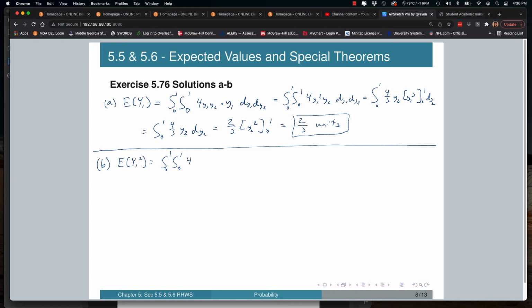When I do that, it should become 4y sub 1 cubed y sub 2 after multiplying in that extra term. Let me just write that out: 4y sub 1, y sub 2 is the original function, times y sub 1 squared, dy sub 1, dy sub 2. And then that'll clean that up here.